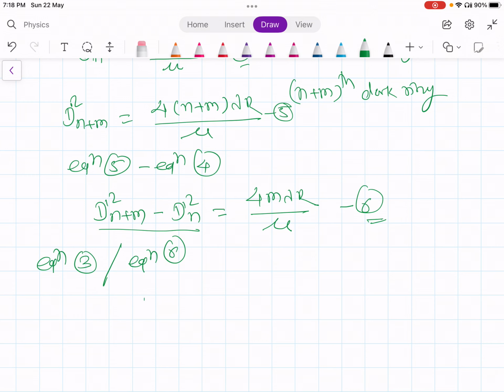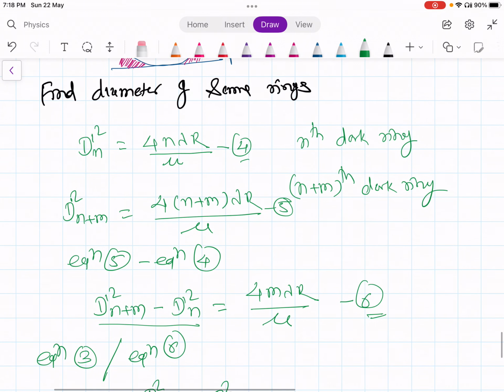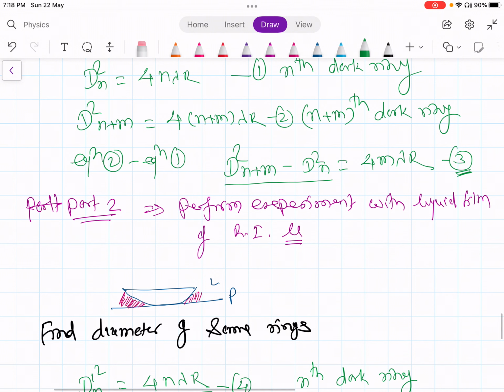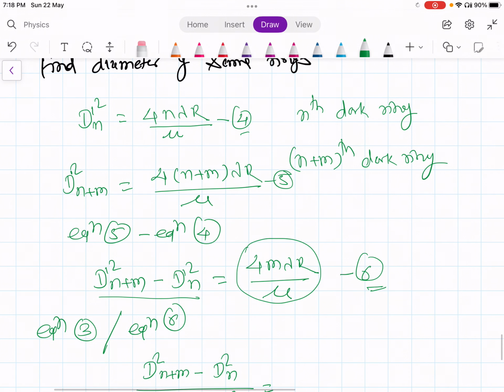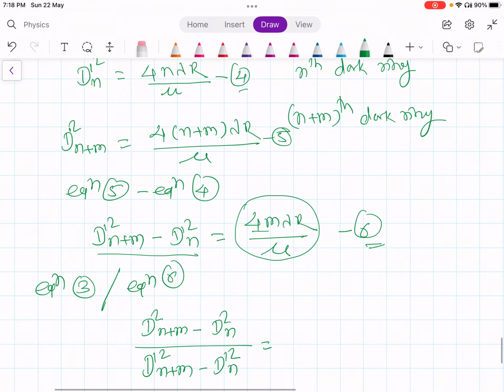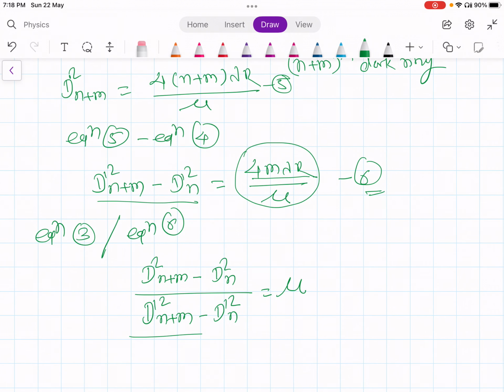So what we get is diameter square of the n plus m ring minus diameter square of the n ring, divided by d prime square of the n plus m ring minus d prime square of the n ring, and on the right side, 4m lambda R divided by 4m lambda R by mu, so that this 4m lambda R will cancel and you will get mu. So using this equation you can find the refractive index of the given liquid.